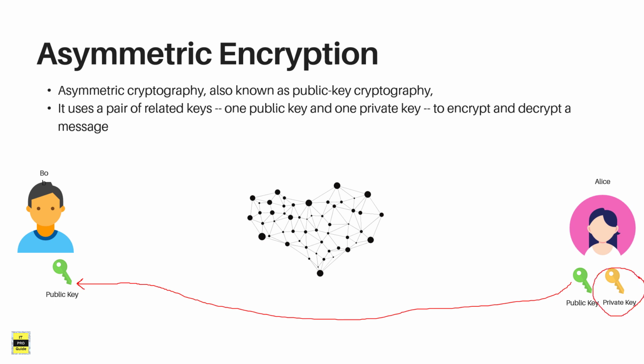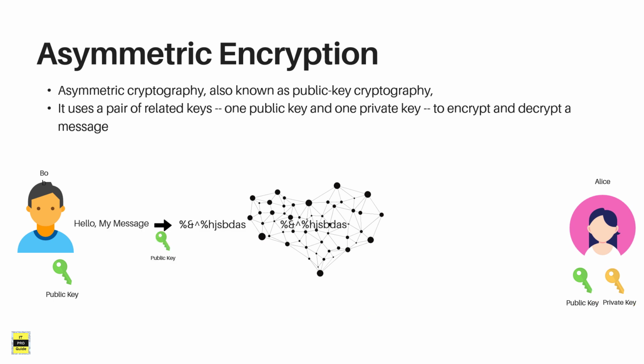Once Bob gets this public key, Bob creates his message, then encrypts it using the public key, and he gets the ciphertext. Then this ciphertext is sent over the internet to Alice's system. Once Alice receives the ciphertext, Alice can decrypt it using the private key, and she gets the plain text.